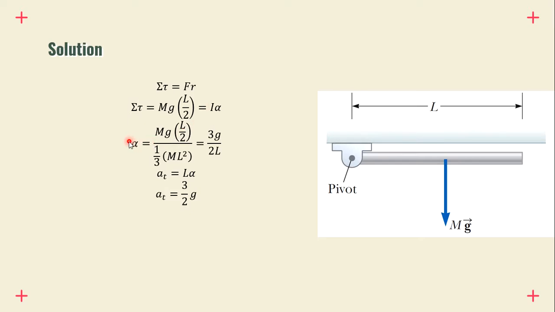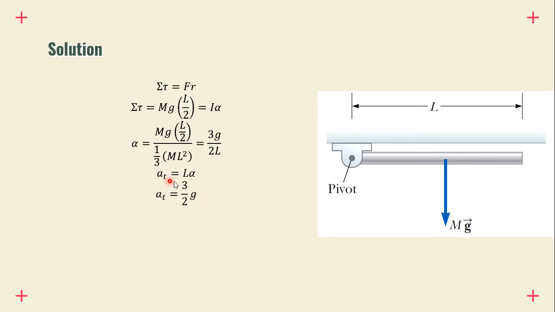Cross multiplying, this gives us alpha is equal to mgL/2 divided by 1/3 ml squared, and we can cancel m and L, which gives us 3g/2L. So this is our angular acceleration.